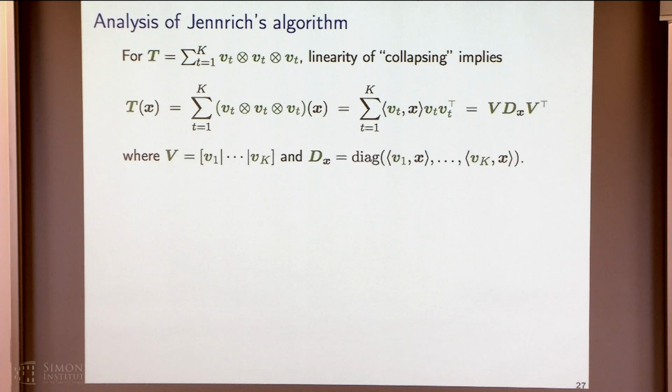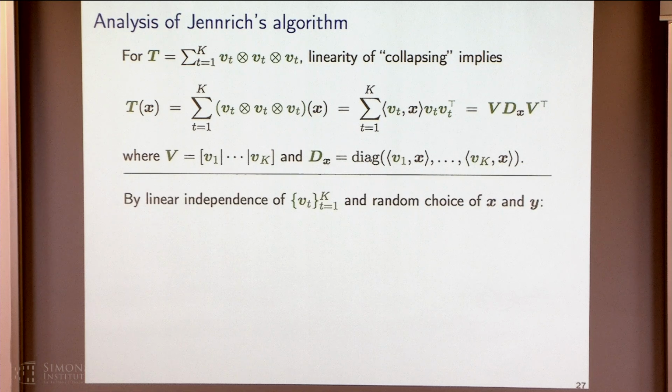I'll write it in the more familiar matrix notation, where this matrix V is just the matrix of all of the vectors, v1 through vk, and D_x is a diagonal matrix whose entries are these inner products. And so this collapsing of the tensor is just V times D_x times V transpose. So we do this with vector x. We also do this with the vector y.